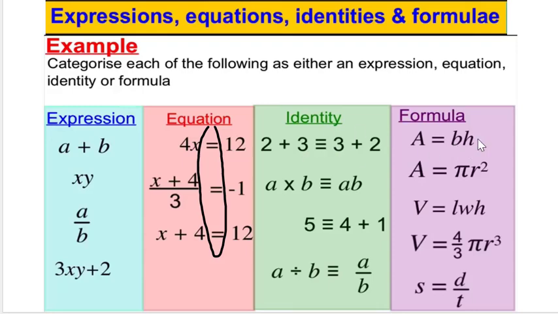That's the difference with a formula, more than one variable. How can you say this is an expression? Because there's no equal sign. No equal sign there, no equal sign there. And for an identity we use these 3 bars or equivalent to. Another way of writing 2 plus 3 is 3 plus 2.